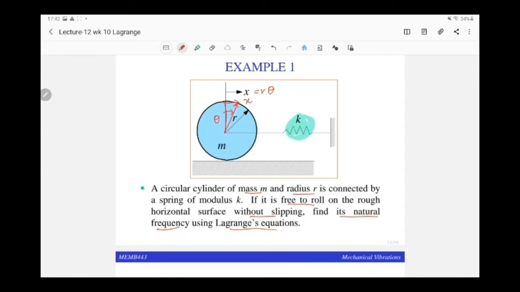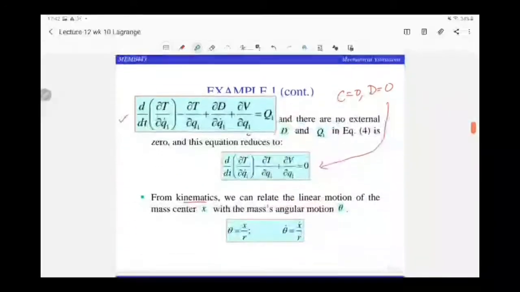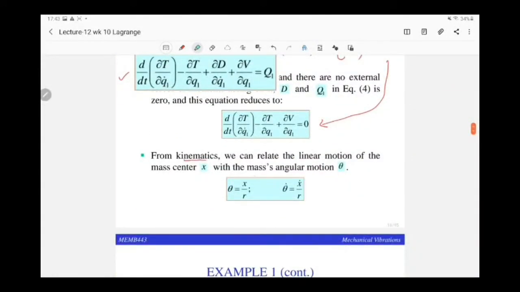Based on the kinematics, your x is equal to R theta. That's the relationship between the displacement of your K and your x here. So when you express in terms of theta, your theta is equal to x over R, same as your theta dot.